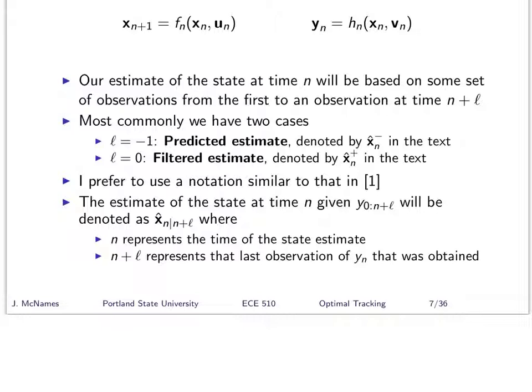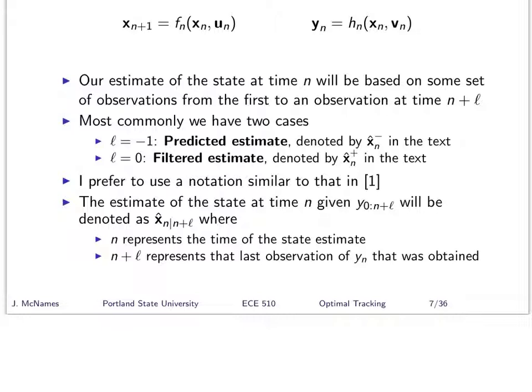The book uses a superscript plus to denote the filtered estimate. I prefer a different notation that I learned. It's just a personal preference. I like it better. I think it's cleaner. The notation that I use is: the estimate of the state at time n, given that you've got measurements all the way up to time n plus L, I denote as x hat of n. This tells you the time at which you're making the estimate.